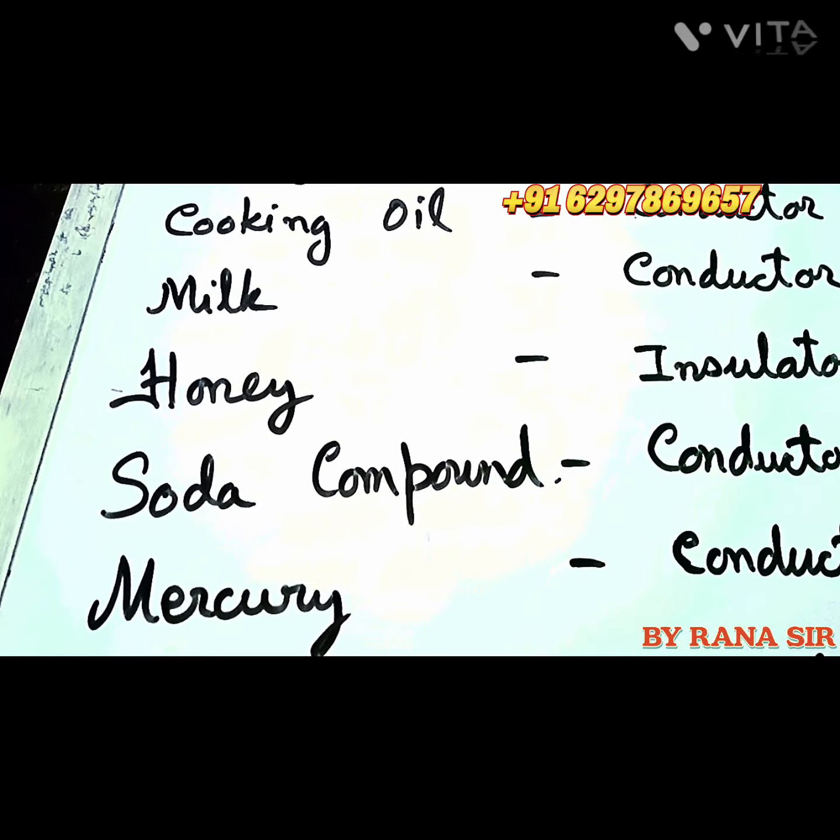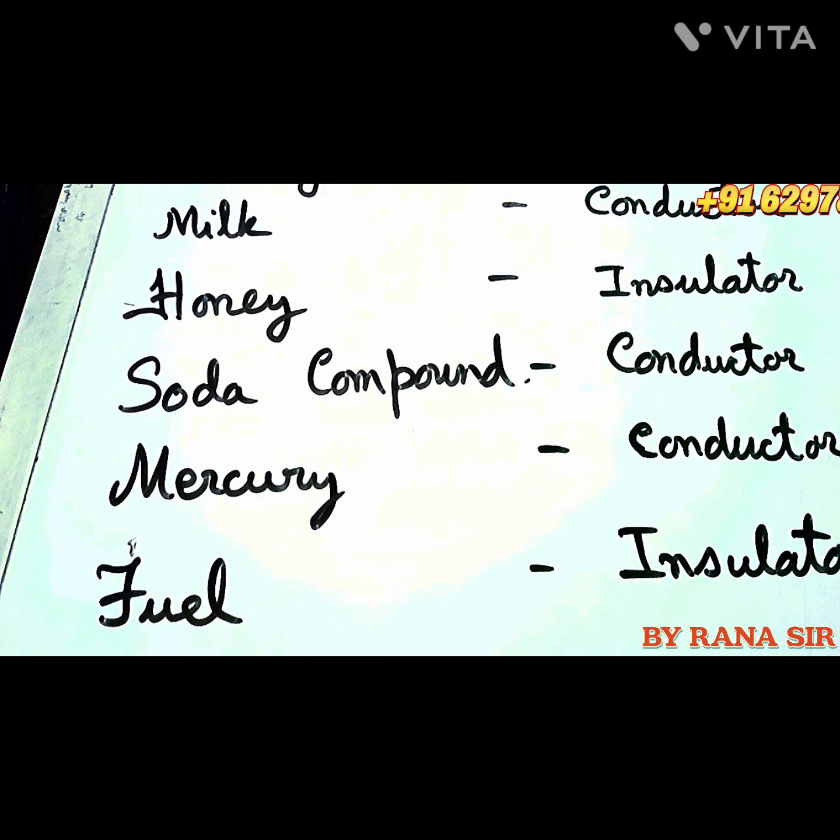So when the charge is too much in the cloud, there's an accumulation of charges, then there's a flow of charge from the cloud to the earth. This is called lightning. So in this situation, air, which is normally a poor conductor of electricity, becomes a conductor.